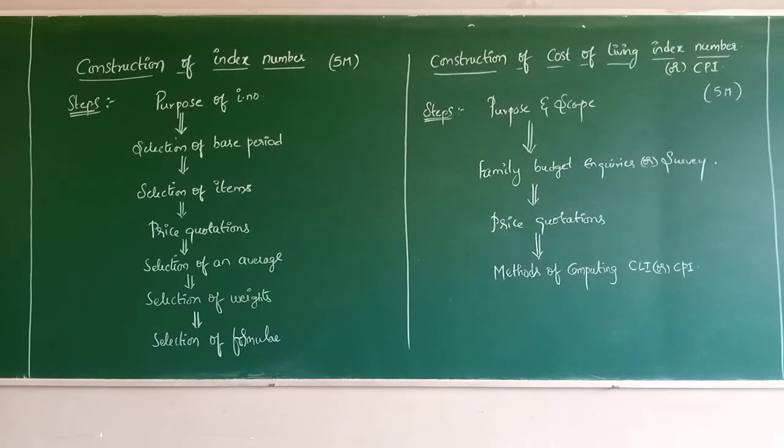Next, fifth one: customs, traditions and habits change from place to place and time to time, and it is very difficult to assign proper weights to the various items. For example, potato in the north, the usage will be more, right? But in the south, the usage of potato is very less.